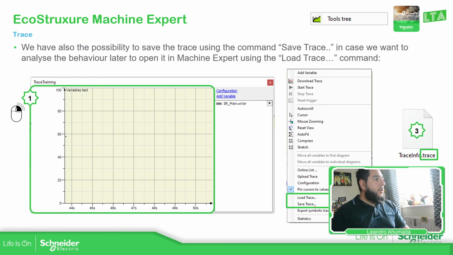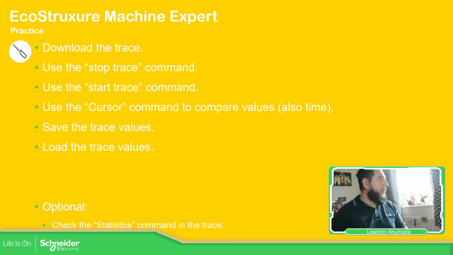If you right click over here and save the trace, it will generate this trace file. To see this information, I recommend you use the same software so you can open it there. So what we have done so far is download the trace, stop command, start command, also the cursor, save and load. This is easy.